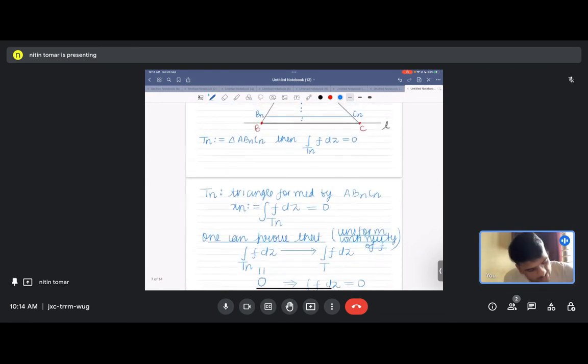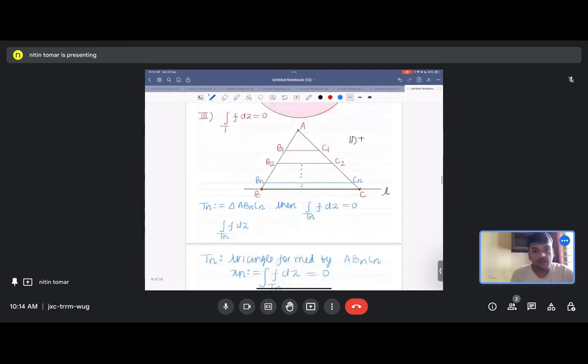So you will get a sequence. And as you see, because f is continuous and these curves are continuous functions, these curves approximate A, B, and C. You can prove easily that this converges to the integral of f dz.